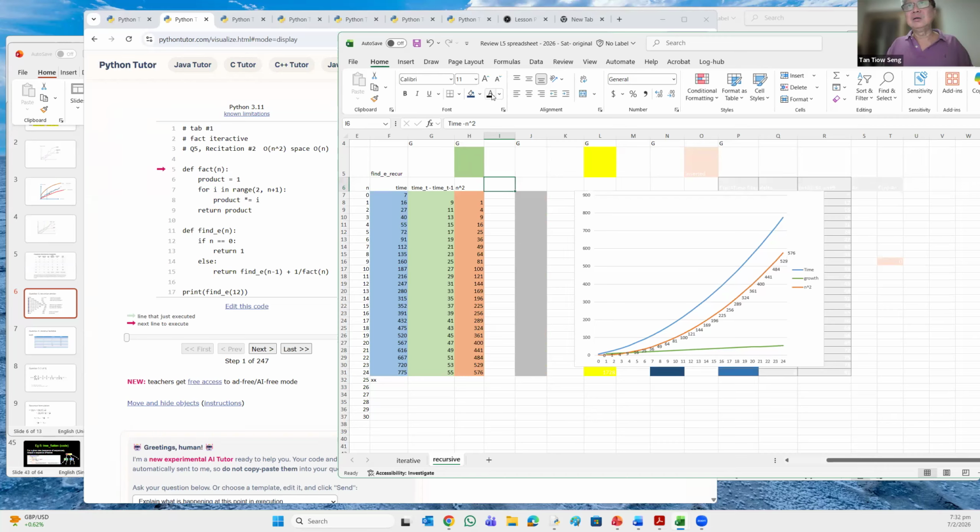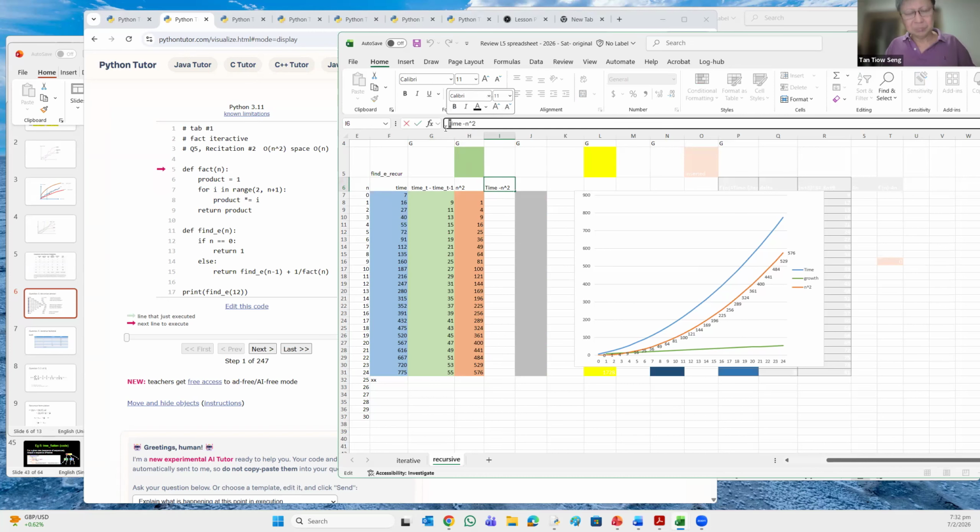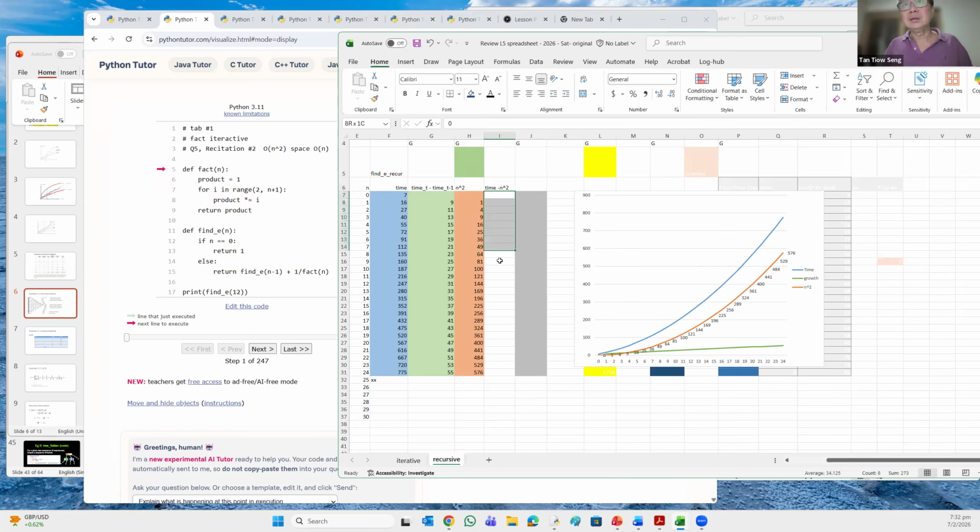For example, let me take the time minus away n squared. I get all these numbers, and all these are positive numbers. So it means that the time is on top of it.